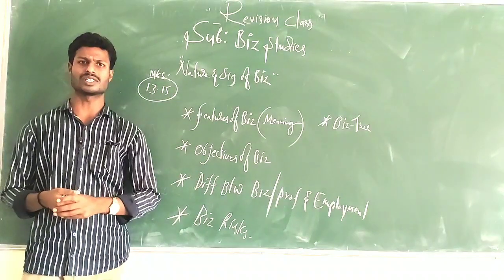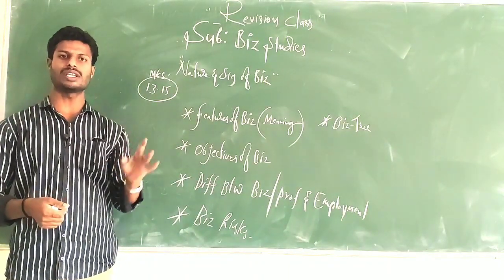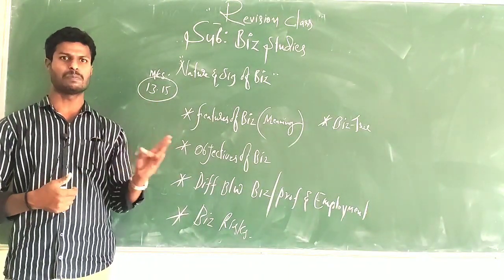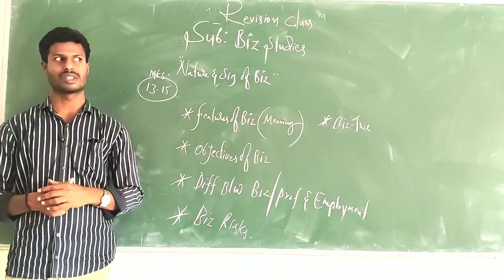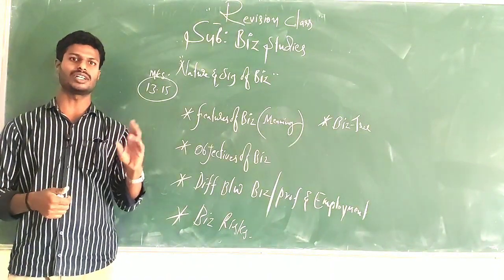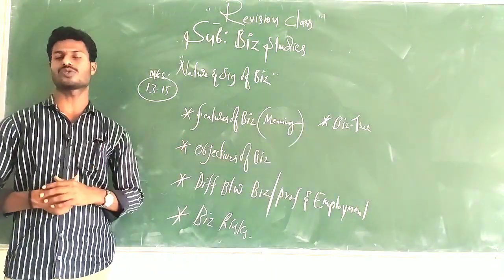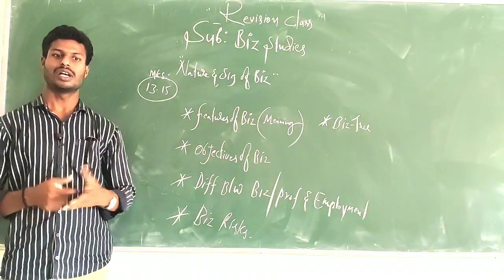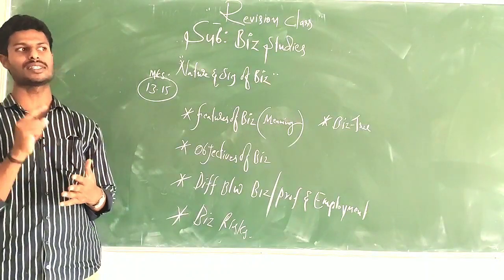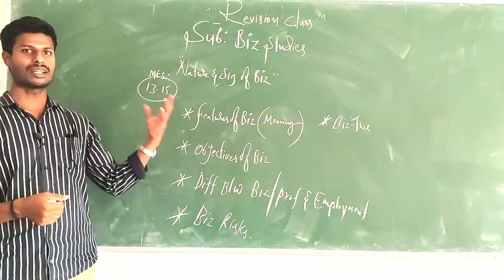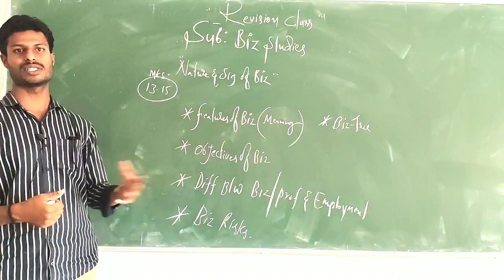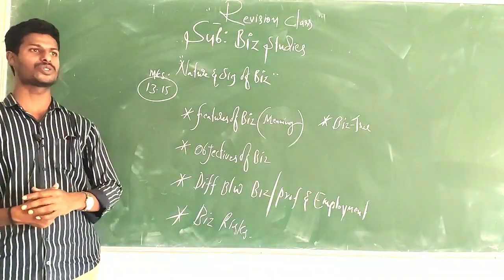The first branch, industry. In industry, there are three types: primary, secondary and tertiary industries. Primary means agricultural industries. In the primary industries, genetic and extractive. In the secondary industries, manufacturing and construction. In manufacturing: analytical, synthetic, processing and assembly industries. Then construction industries: roads, dams, bridges, apartments, all these construction industries.